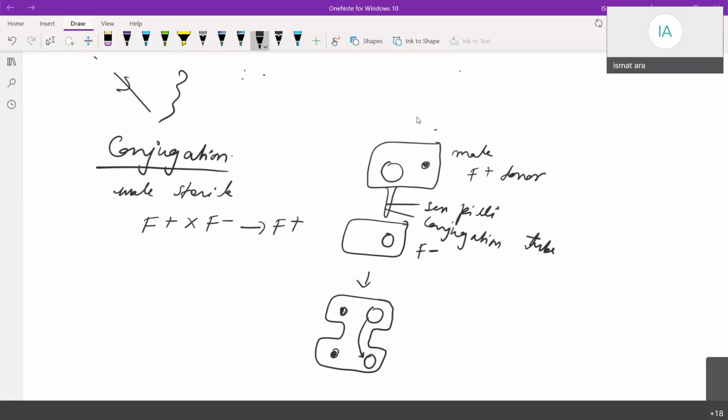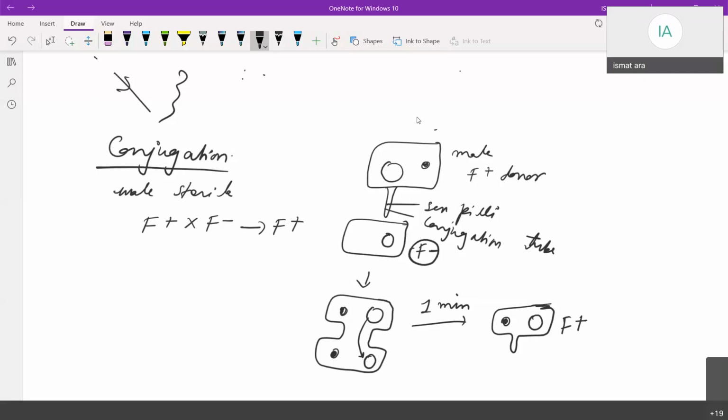So within 1 minute, this transfer takes place. Again, they have the ability to form sex pili. Why? Because here this plasmid is present and this is the nucleoid body. Now we have started with F minus cell, students, but as plasmid has been transferred, this cell is becoming F plus cell.